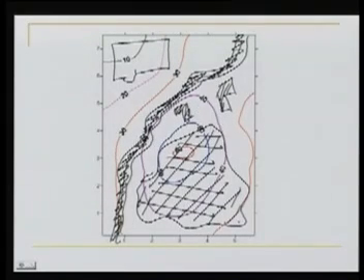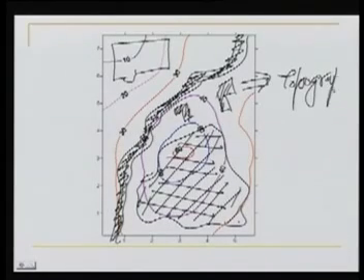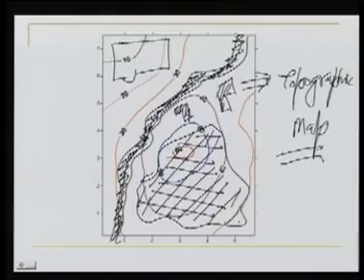So all the planimetric details plus the contour, put together, we say generally as topographic map.